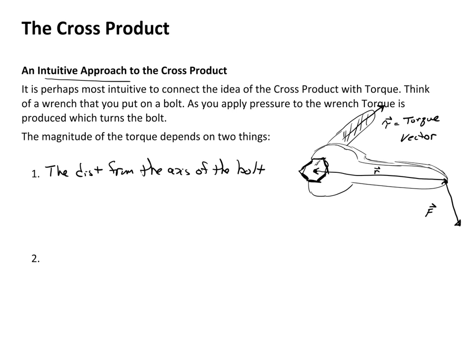It's the axis that goes through the middle of the bolt to the point where the force applies. And that distance, this vector r, I'm going to say is the magnitude of the vector r.